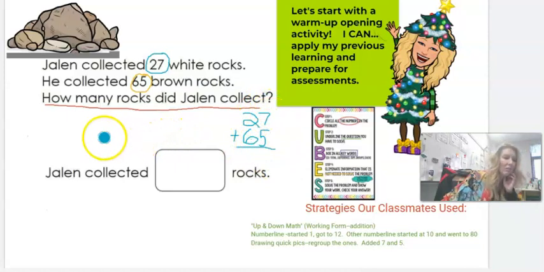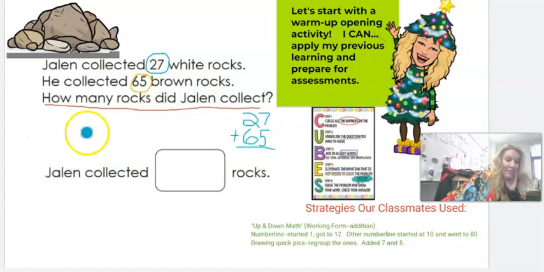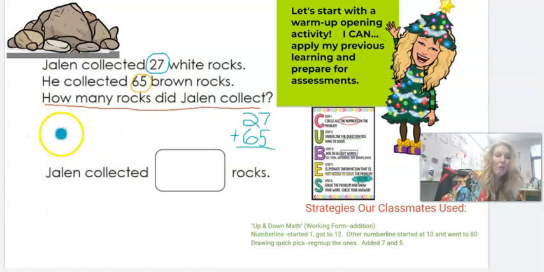What's the first thing I need to do? Add the ones, right? Not necessarily count them, but add them. Well, if I'm going to add them using an open number line, how would I do that?